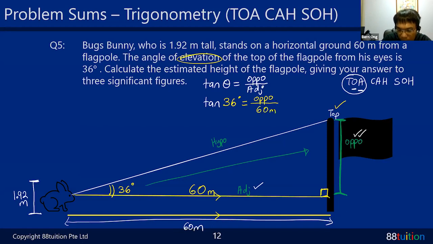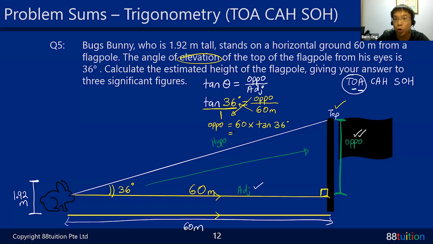Very good. This tangent 36, can I write it as over 1? I purposely make it into a single fraction so that I can do a cross multiplication. Single fraction equals single fraction, cross multiply. Opposite times 1 will give you the opposite. 60 times tangent 36. What does that give me?